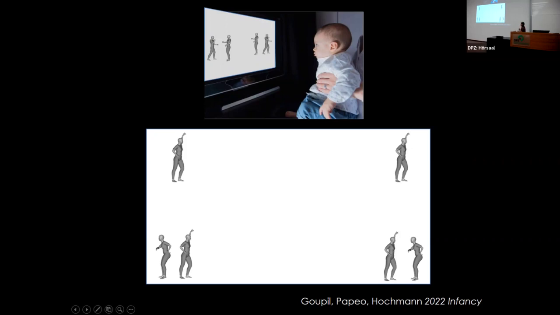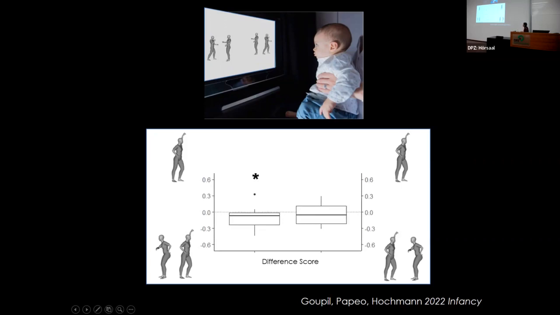I hope that's clear. But this is exactly what we found. There was no difference in the looking time that infants spent on single bodies and facing dyads. But again, when the single body was presented with back-to-back bodies, we found that infants looked significantly longer at back-to-back bodies. So we really took this looking time as a measure of processing time, reflecting the difficulty of the processing.